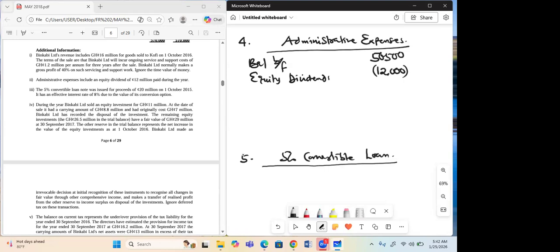They said it was issued for cash proceeds of what? 20 million. So if the cash proceeds is 20,000, then the nominal interest, the one which should be our cash paid, that's our cash payment.